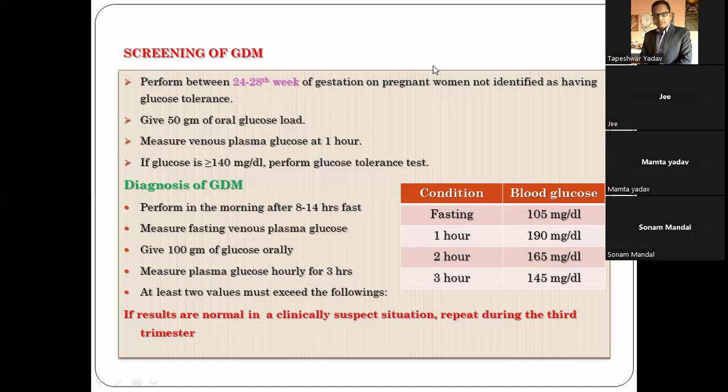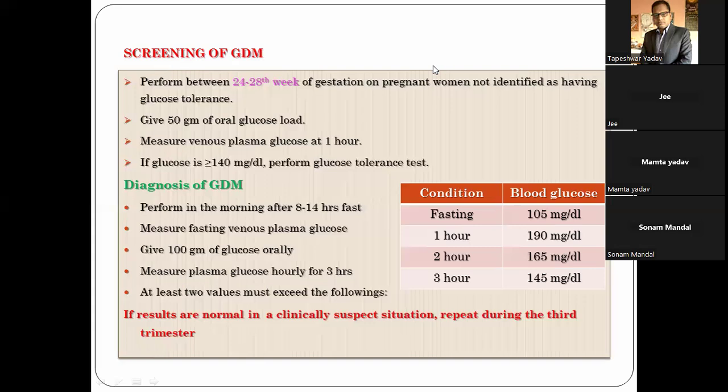But the better practice in GDM during the gestational period is to prefer 1 hour intervals. So we are going to get 4 samples here also: 0 hour, that is the fasting sample, then 1 hour, then 2 hours, then 3 hours. So we are going to measure them sequentially.